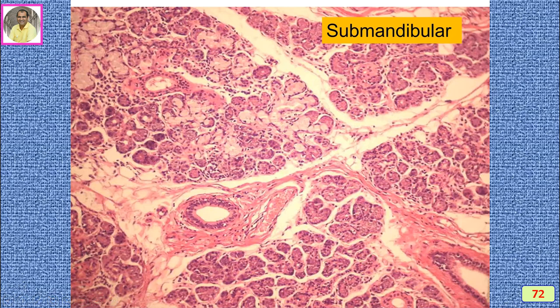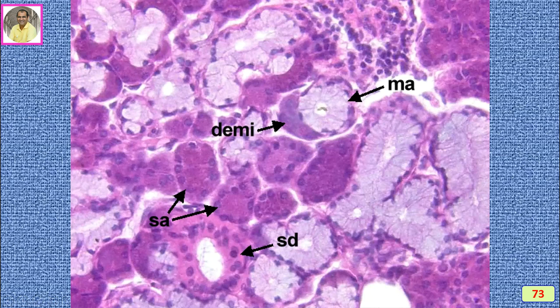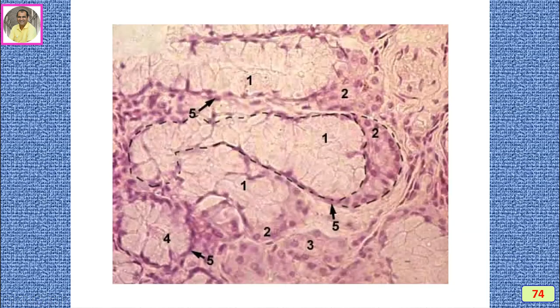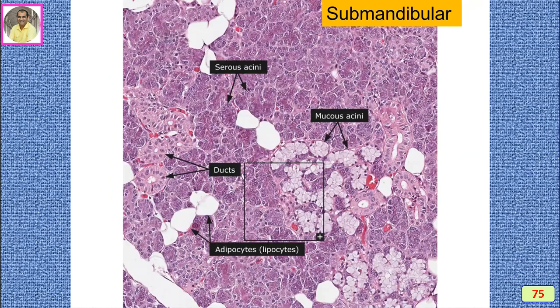So this is the submandibular salivary gland, and here you can see the secretory structures in a cross section of such glands.